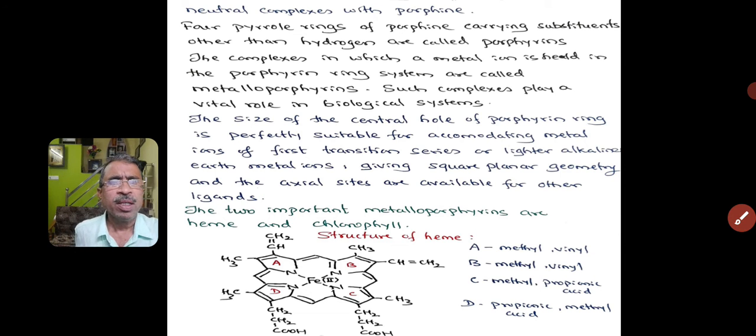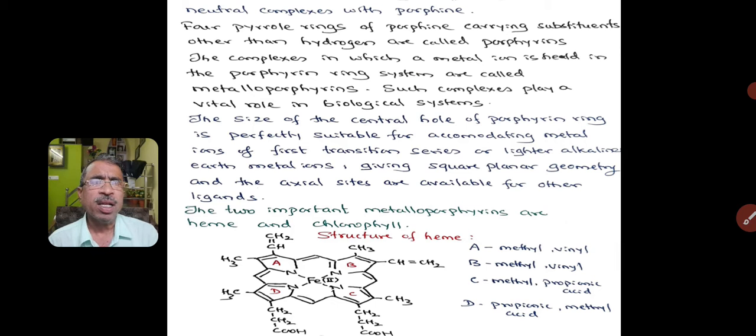Now, the two important metalloporphyrins are heme and chlorophyll. Both heme and chlorophyll have the porphyrin ring in them.